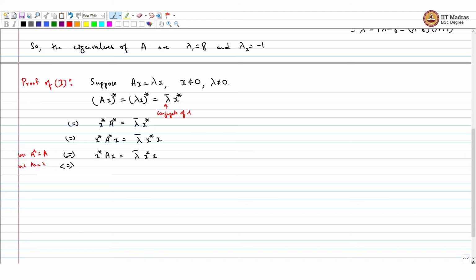Use Ax equals lambda x. So what do I get? I get x star lambda x equals lambda bar x star x.